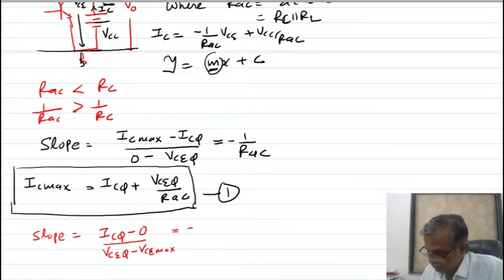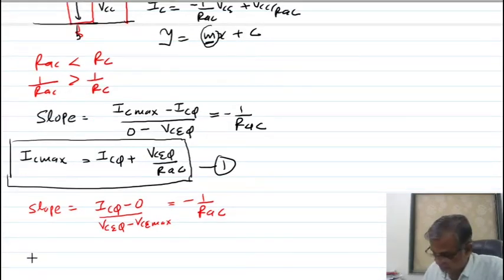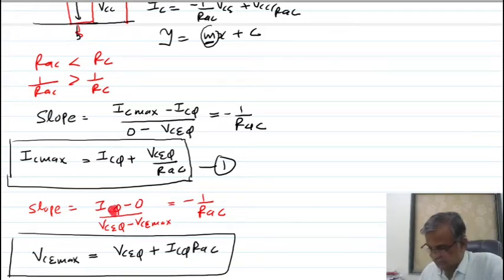And this you already know, slope is minus 1 upon RAC. From this equation I can write VC maximum for the AC load line is VCQ plus ICQ into RAC. So this is the slope I calculated. Look here.